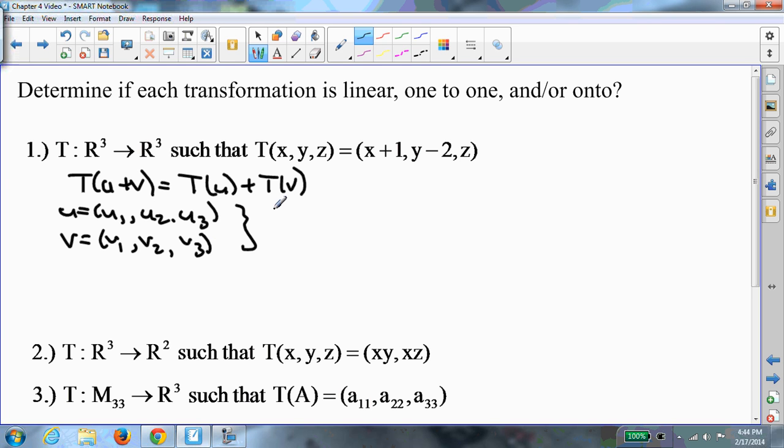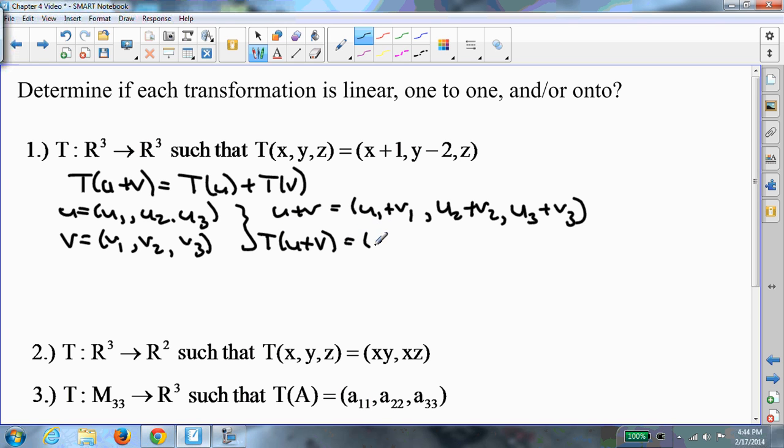Then u plus v would equal u1 plus v1, u2 plus v2, u3 plus v3. And consequently, T of u plus v would equal u1 plus v1 plus 1, because it's my x component, plus 1, u2 plus v2 minus 2, and u3 plus v3.